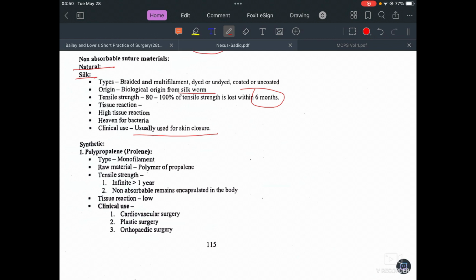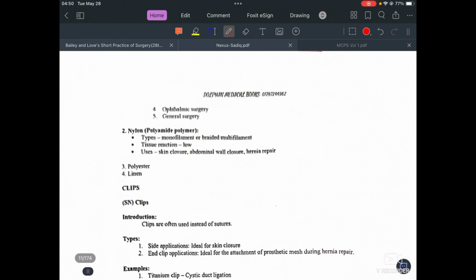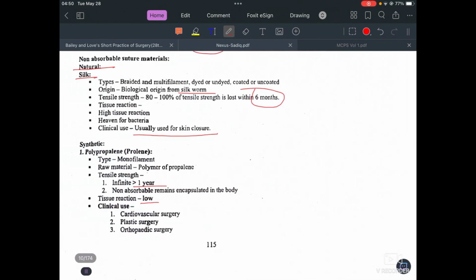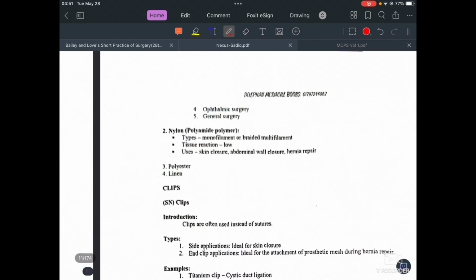So when the tensile strength is more than 1 year, we can consider it infinite, non-absorbable, and remain encapsulated in the body. Tissue reaction low. Clinical use cardiovascular surgery, plastic surgery, orthopedic surgery, ophthalmic surgery, general surgery. I am a general surgeon, and there should be the cardiovascular, plastic, and orthopedic surgery.